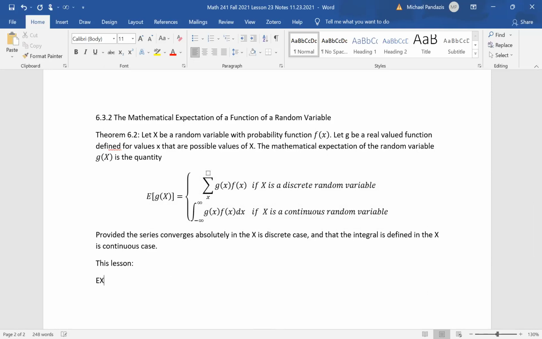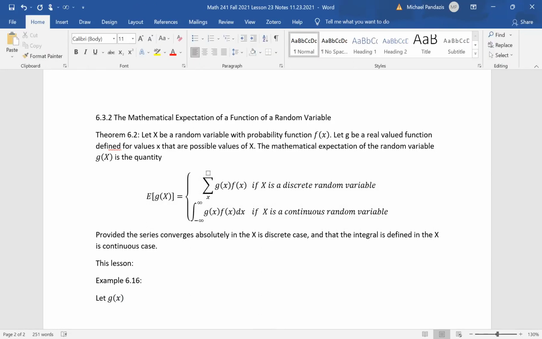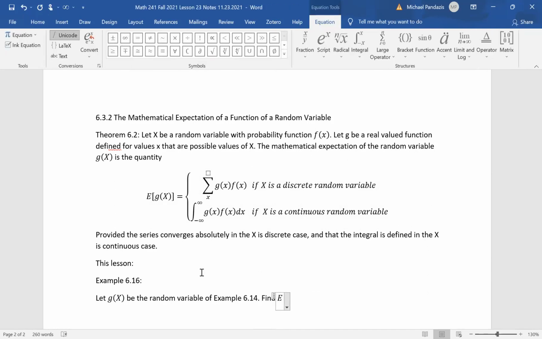So I'm going to start this class with an example. Example 6.16. Let g of x be the random variable of example 6.14. Find the expected value of g of x.